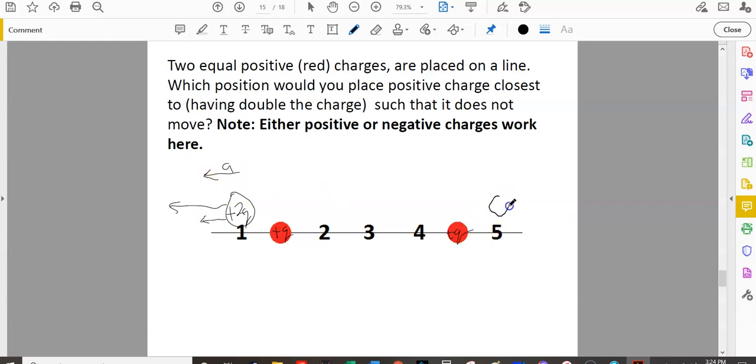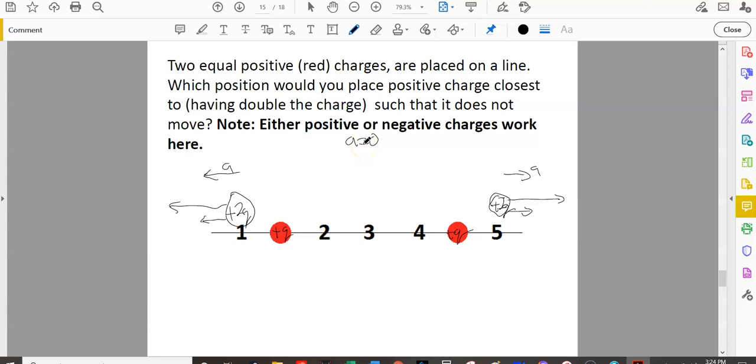The antithesis is true for this. If you place a positive 2Q over here, this Q, just closest to it, is going to push it to the right, and this far Q is also going to push it to the right, which means it's going to begin accelerating to the right. So the forces are imbalanced. You want to place it such that the sum of forces is 0.